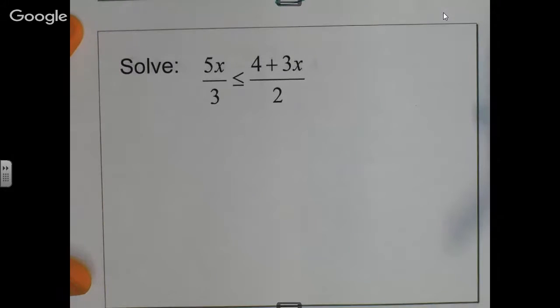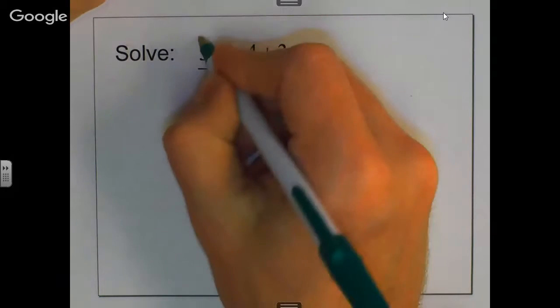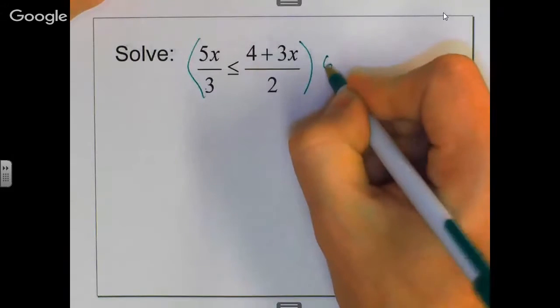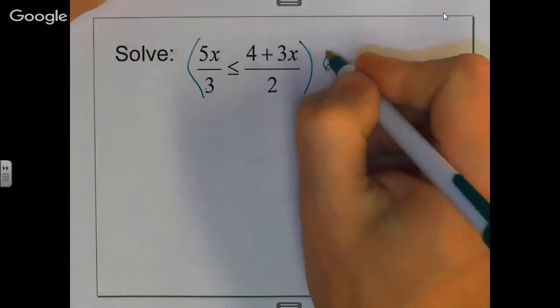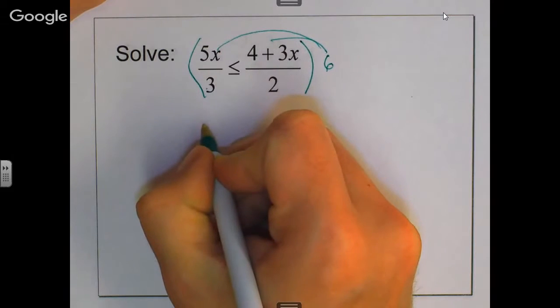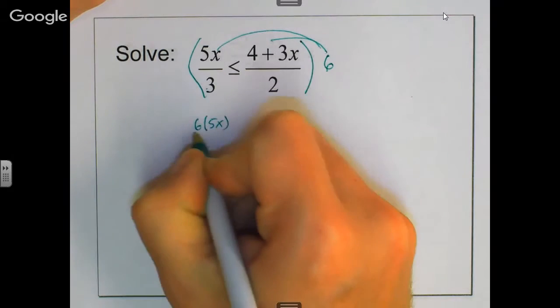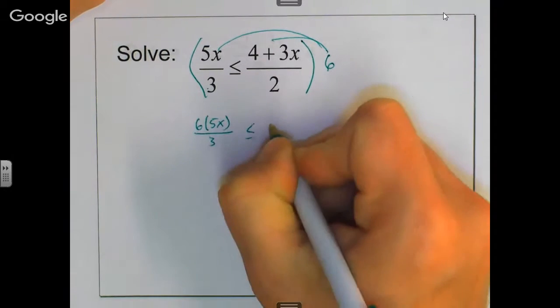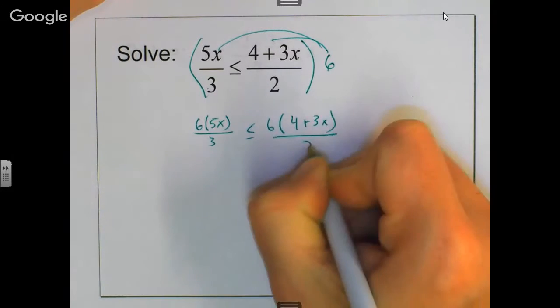Okay, so moving up to kind of a college algebra level. You notice we have fractions, so to get rid of those fractions, we'll multiply the whole thing by our common denominator, which is 6. Then we'll take that times everything in here. So we will take 6 times 5x over 3, less than or equal to 6 times 4 plus 3x over 2.